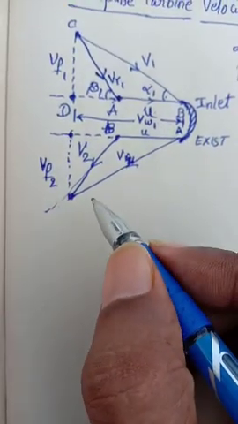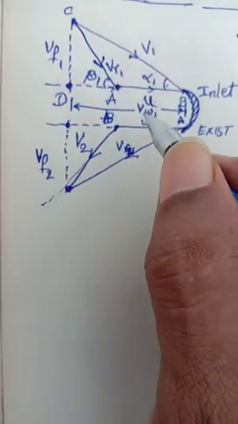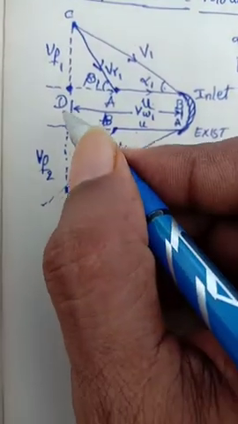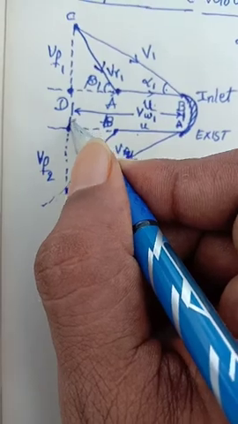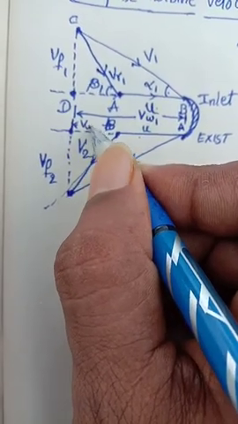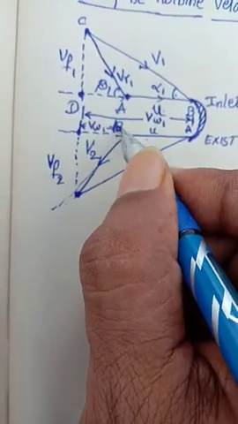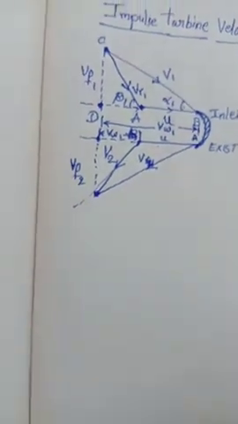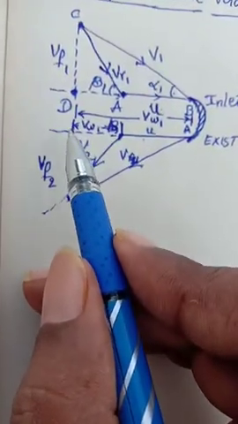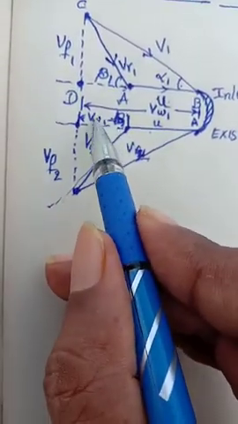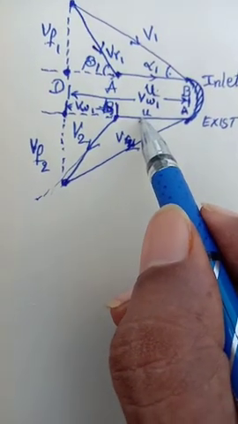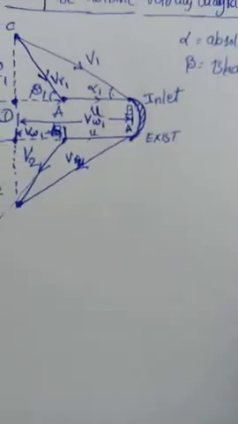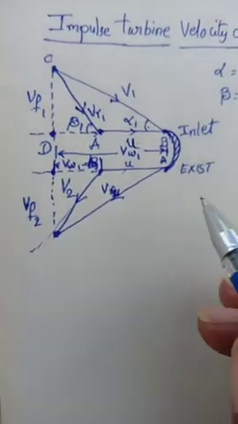And then to here, this is U, and this one is coming from here to here, VW1. Okay, look at this, here to here, VW1, and now this is U. Okay, this is the velocity diagram of impulse turbine.